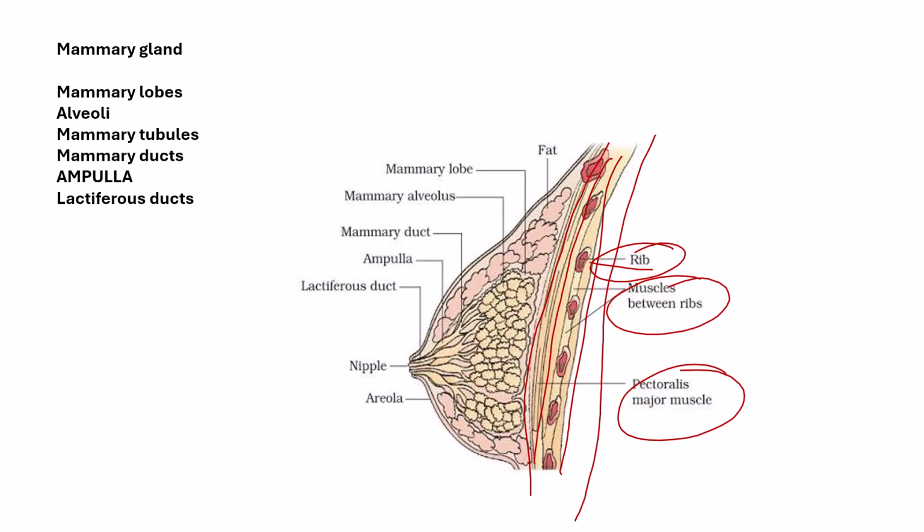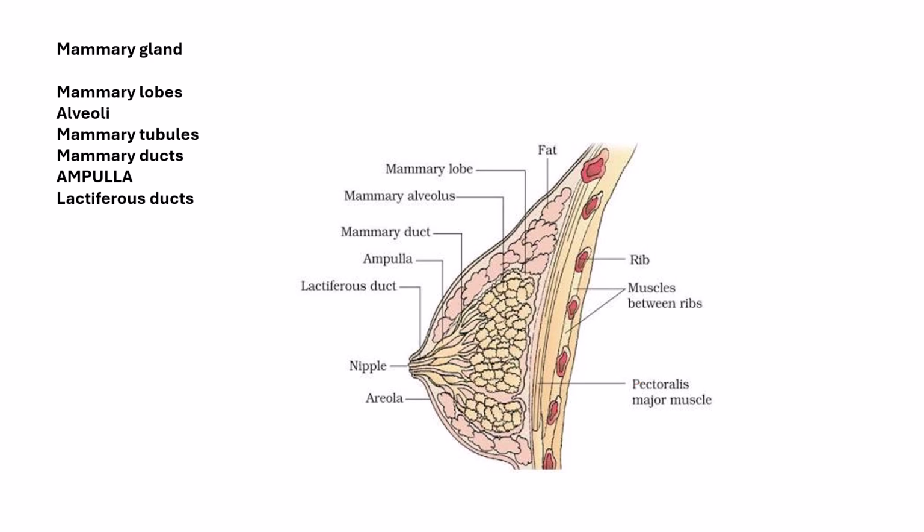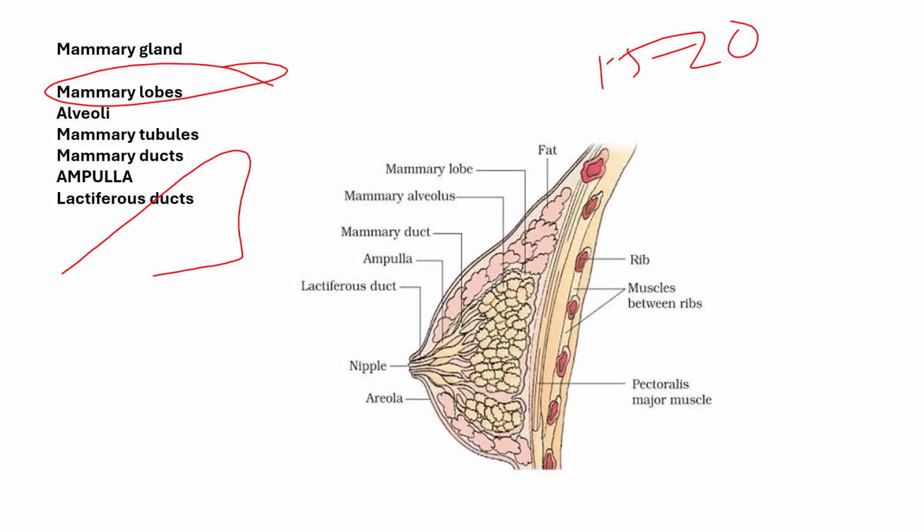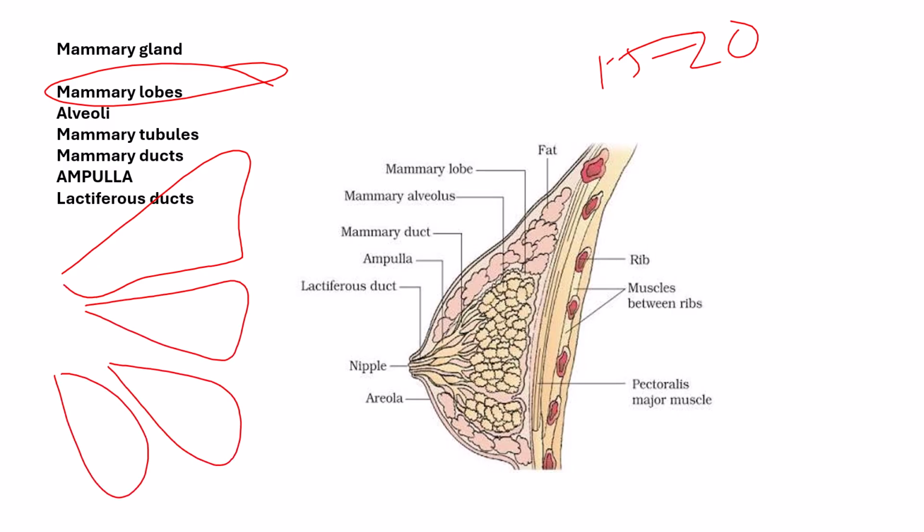The region behind the ribs has fat, and the mammary gland is made up of it. So here the mammary gland has around 15 to 20 mammary lobes, like this: one lobe, second lobe, third lobe, fourth lobe. There are 15 to 20 mammary lobes like this.